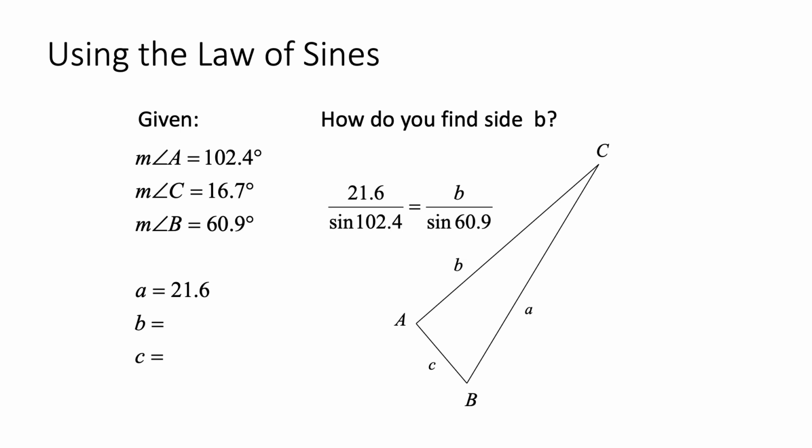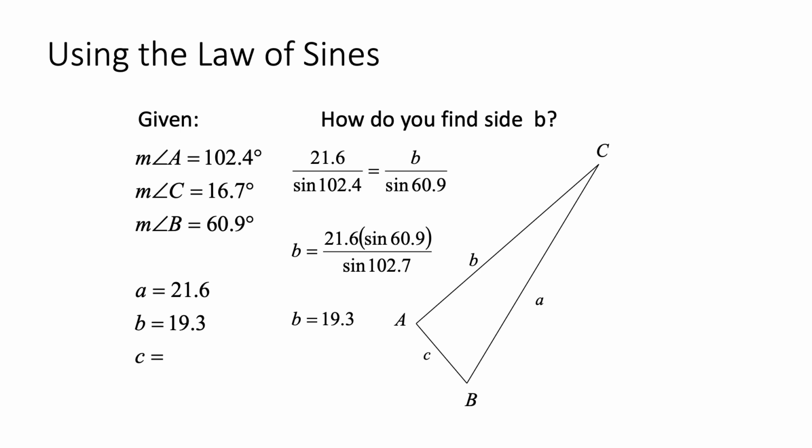like so. So we have 21.6, which is side A, divided by the sine of A of 102.4, and that's going to equal side B divided by the sine of angle B, which was 60.9, and we simplify that, giving you 19.3.